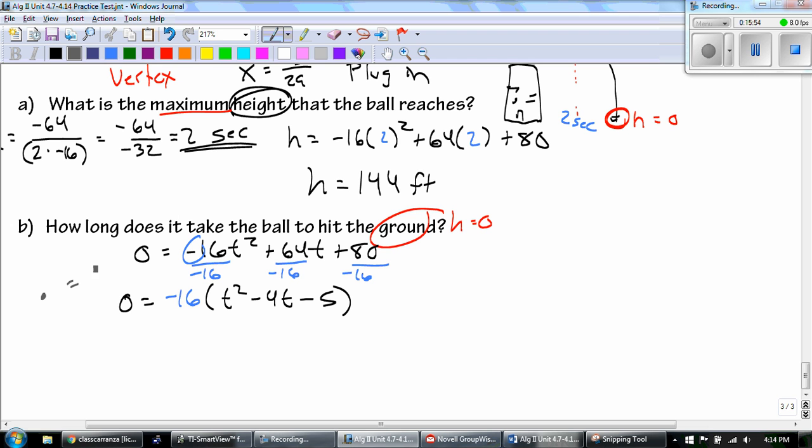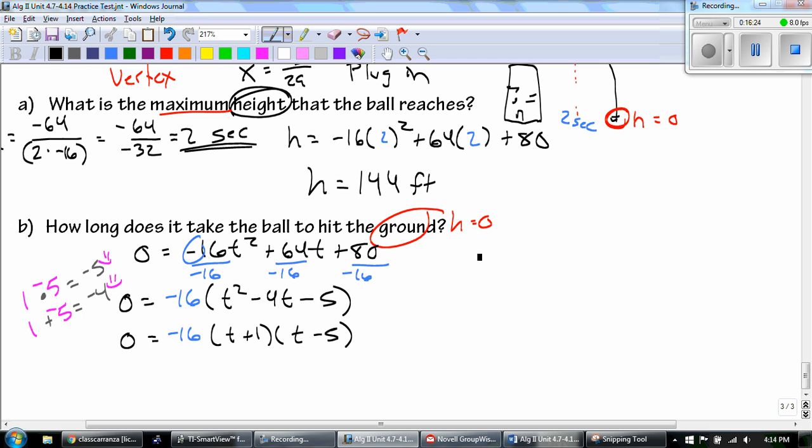So I need numbers that multiply to negative 5 and add to negative 4. The only factors that multiply to 5 are 1 and 5, and one of them needs to be negative, and it's the negative 5. So since my leading coefficient is 1, I can break this down to t plus 1 and t minus 5.